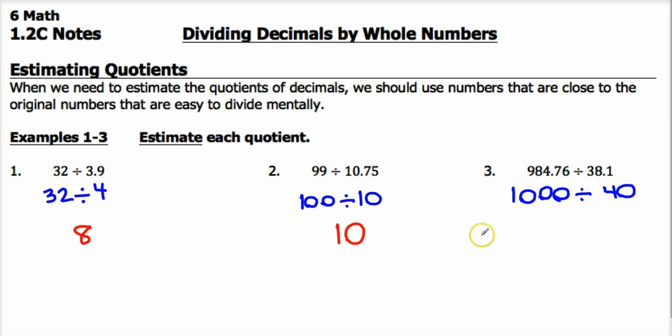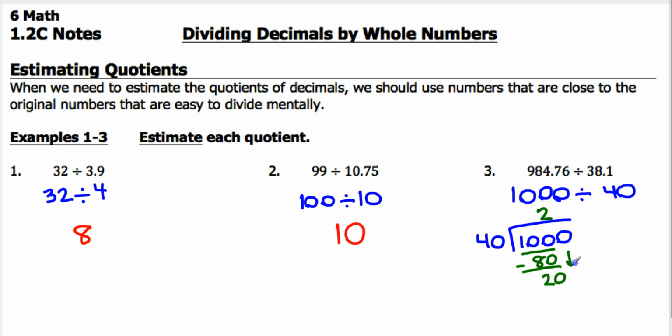1000 divided by 40, I might need to write that out with pencil and paper. So we know that 40 won't go into 10, but it will go into 100. 40 will go into 100 2 whole times. 2 times 40 is 80. And then when I do my subtraction here, I get 20.